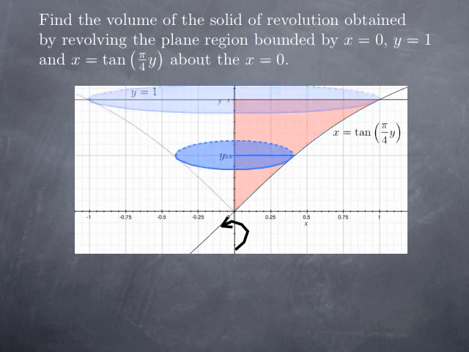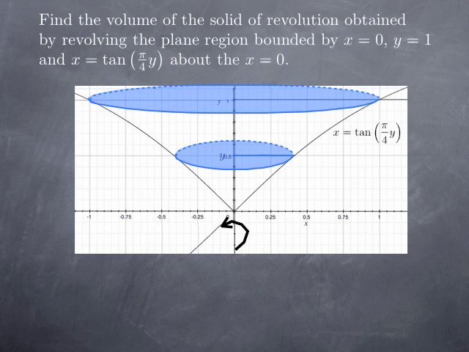In doing so, we obtain a solid of revolution that roughly looks like that, and all we need to find its volume is to know for each y between 0 and 1 what is the area of the cross-section. We've already observed that this cross-section is a disk, so all we need is the radius of that disk. And you see that for a given y, because this point here is on the curve x equals tangent of pi over 4 y, the radius for that particular y is going to be tangent of pi over 4 y.